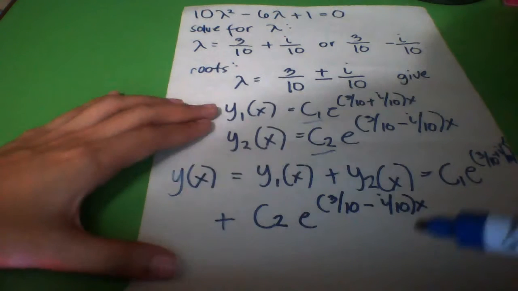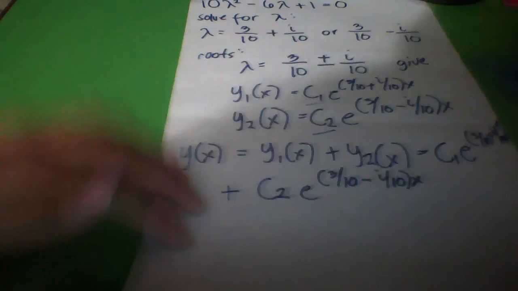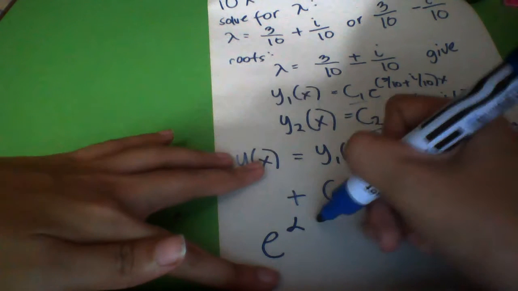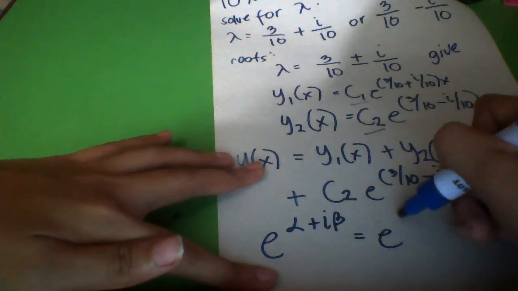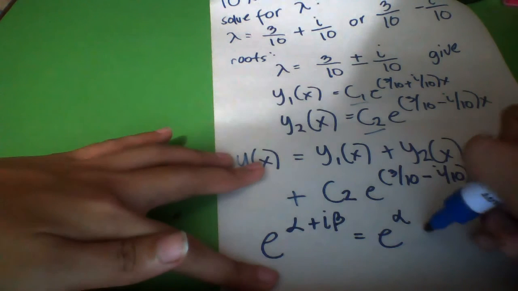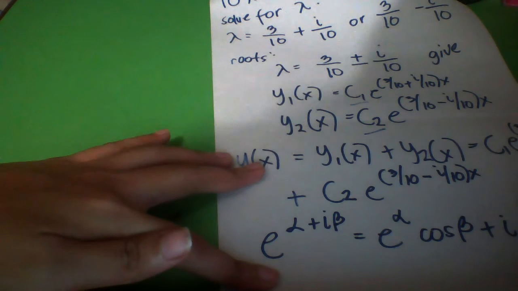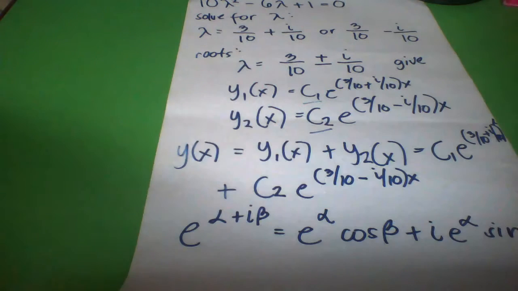Then apply Euler's identity, which is e to the alpha plus i beta is equal to e to the alpha cosine beta plus i e to the alpha sine beta.